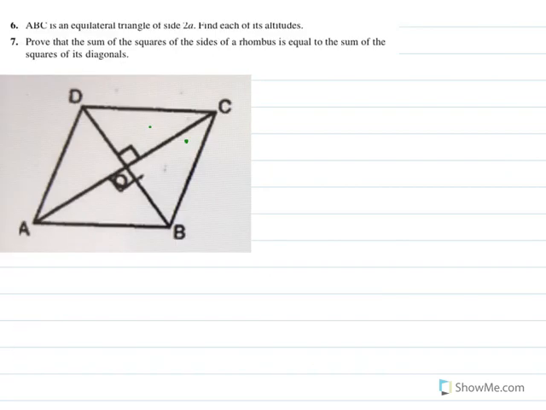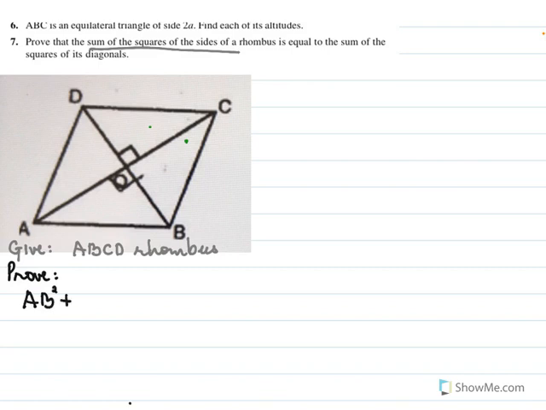Prove that the sum of the squares of the sides of a rhombus is equal to the sum of the squares of the diagonals. So here we are given ABCD is a rhombus, and they said show that the sum of the squares of the sides would be, we need to prove this.